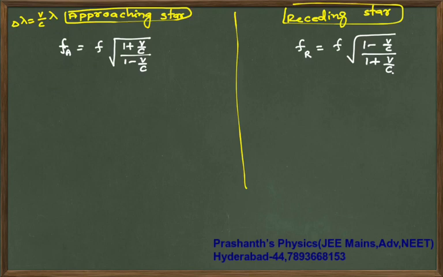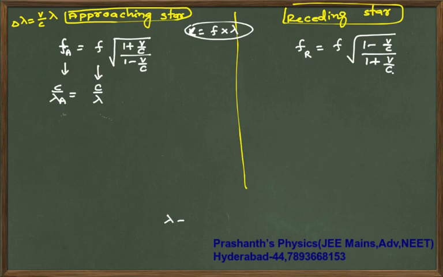Now if you take this scenario, we know that the speed of light c is frequency into wavelength. So f can be written as c by lambda. Here f is the original frequency, and the lambda a is the apparent wavelength, lambda is the original wavelength.